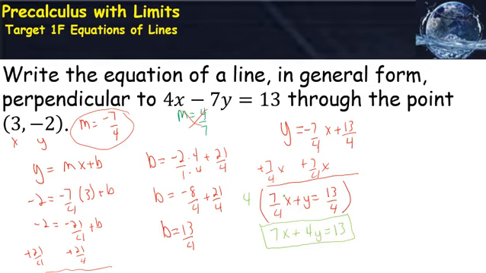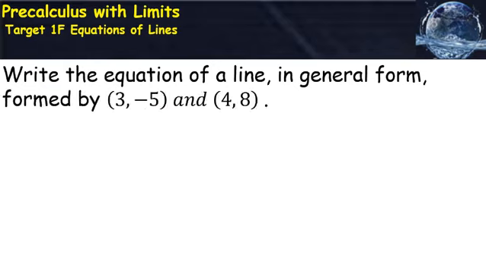Okay, and so we have one more problem to do, and then we have the practice problems. This one more problem is not related to these two, so I have to solve this next problem from scratch. So here it is. We have 2 points and we need to find the equation of the line. So the line goes through both of those points. So I have the point, I just need the slope.